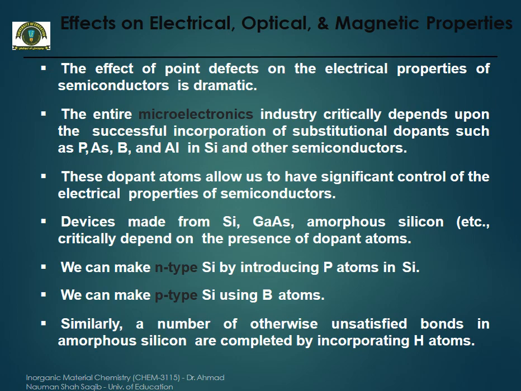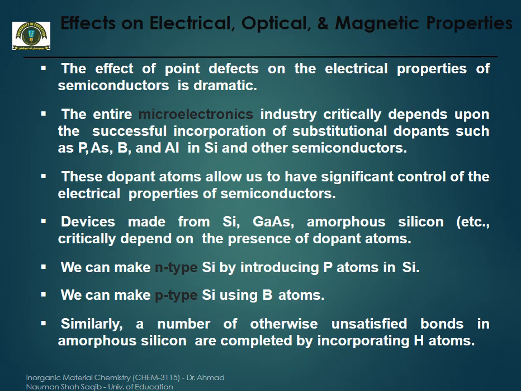These dopants allow us significant control of the electrical properties of semiconductors. Devices made from silicon, gallium arsenide, amorphous silicon, etc. are critically dependent upon the presence of dopant atoms. As the dopant atoms change, the silicon structure also changes.